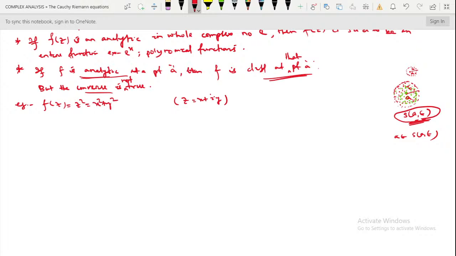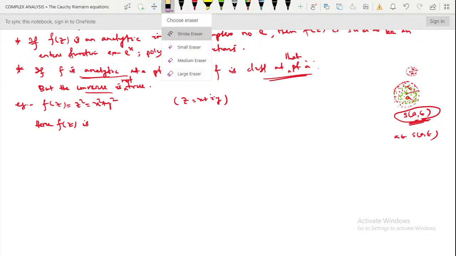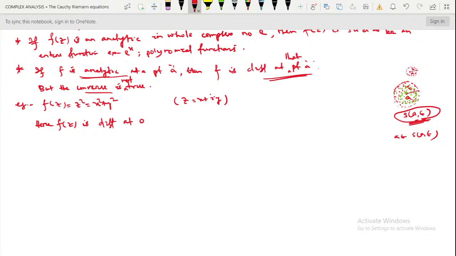If I check this f of z, this thing is differentiable at 0, but not at other points. You can check it.